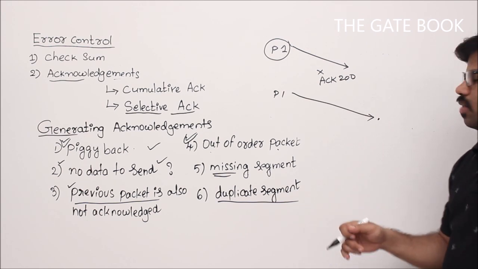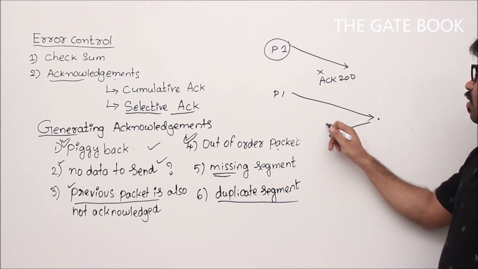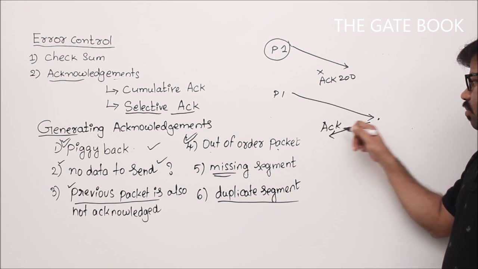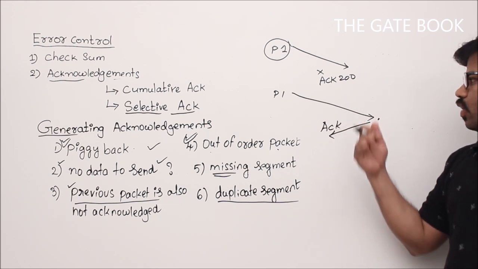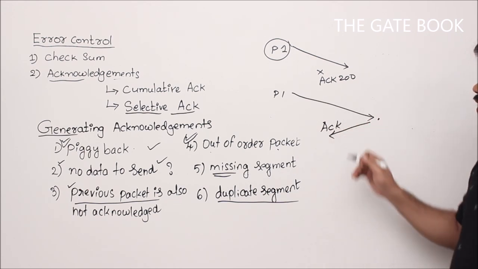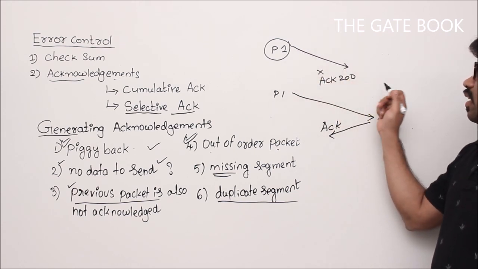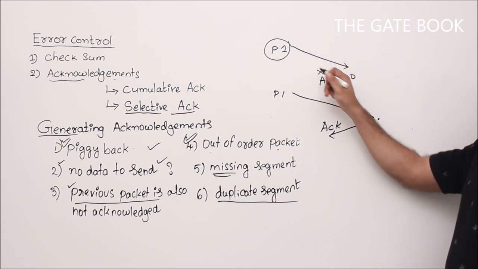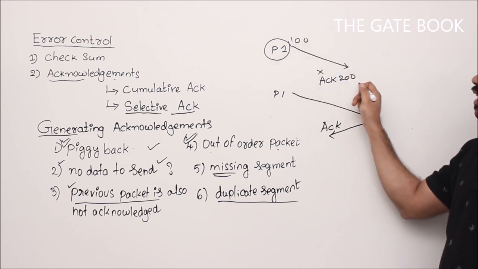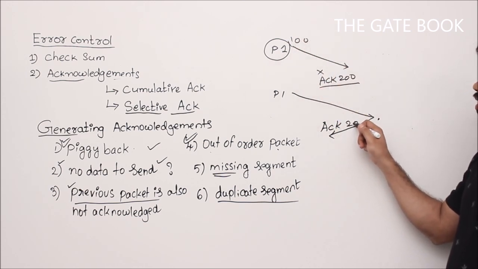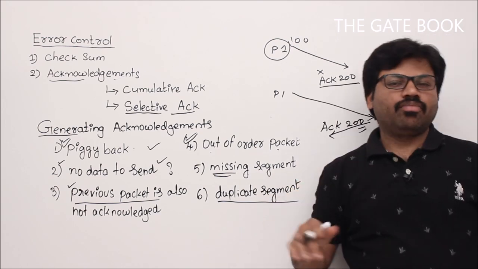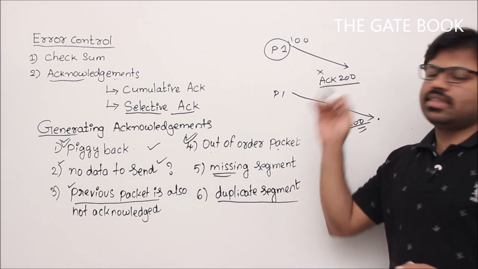Whenever a duplicate segment comes, we simply say, my dear sender, this is my expected acknowledgement. I don't know why the duplicate has arrived, but P1 is already received by me. So here, for example, this is 100. We sent ACK 200, and again we send it, thinking that probably it may have been lost in transit, correct?